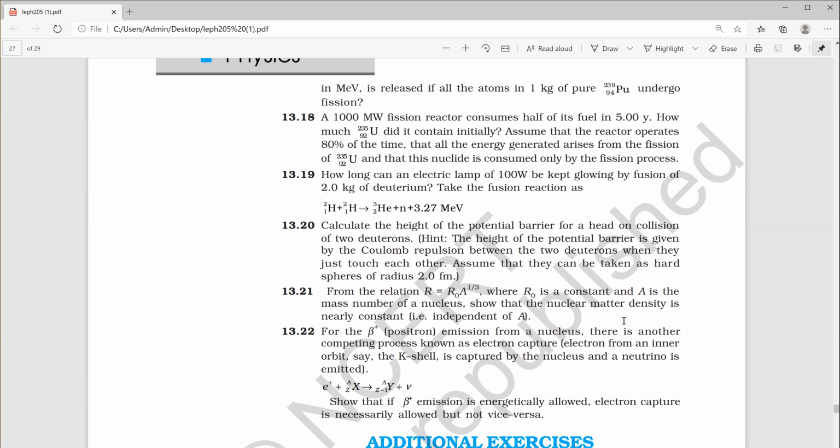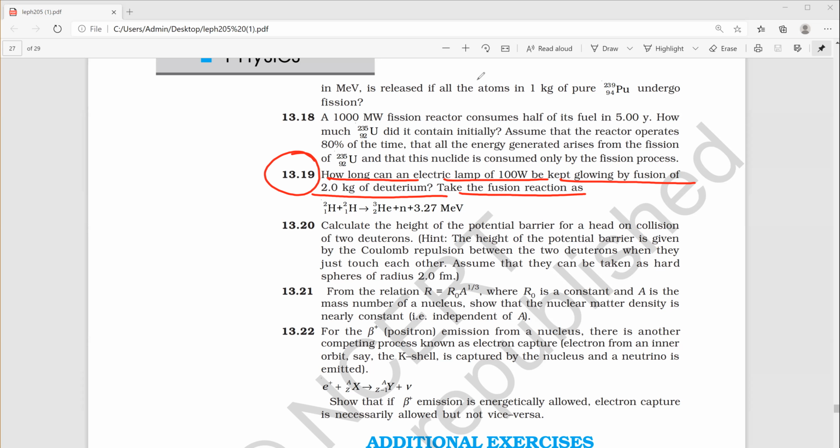So that is 13.19. So what is the question 13.19? How long can an electric lamp of 100 watt be kept glowing by fusion of 2 kg of deuterium?